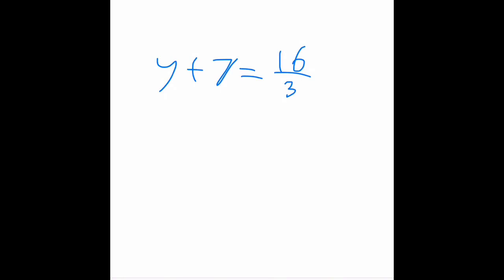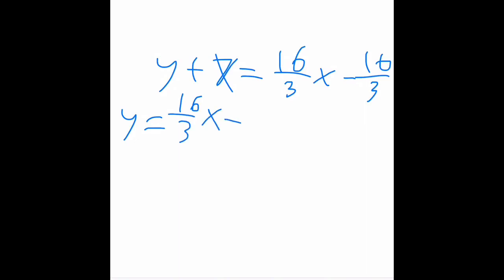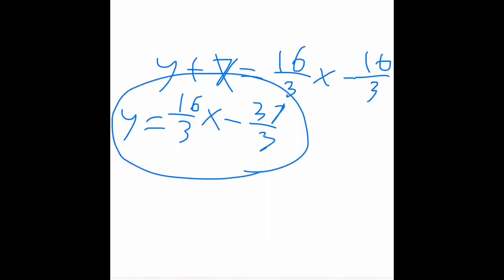So now that you have this, you would subtract 7 to get it into slope-intercept form. And that would get you 37/3. Easy.